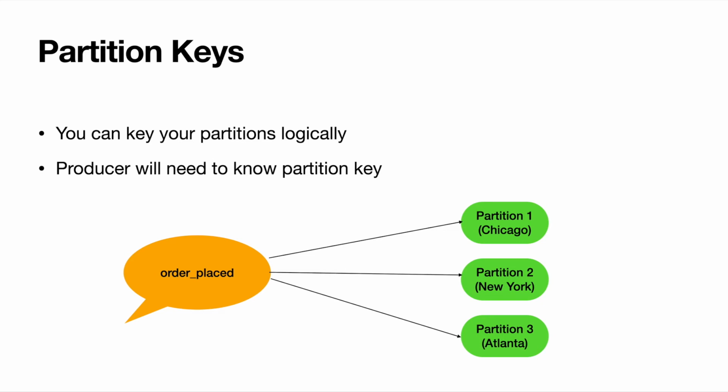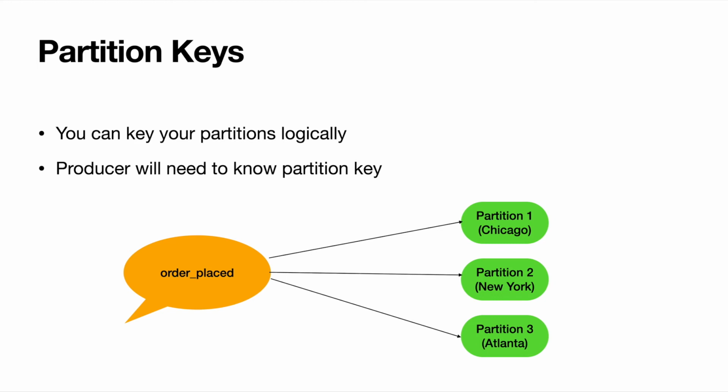In this case, our Kafka topic is order placed, we have 3 partitions, and we partition the topic by the location the order is coming from. So all Chicago orders are going to partition 1, New York orders are going to 2, and Atlanta orders are going to 3.